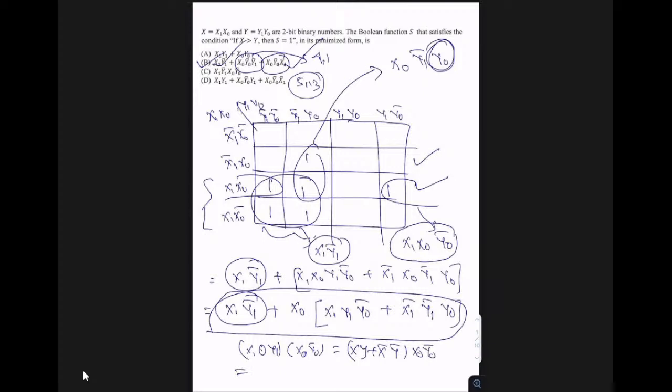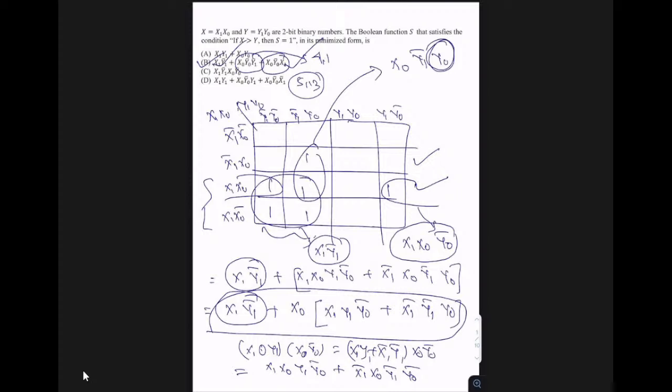If you simplify this, we said it is X1, X0, Y1, Y0 bar plus X1 bar, X0, Y1 bar, and Y0 bar. This is what we have taken, right?